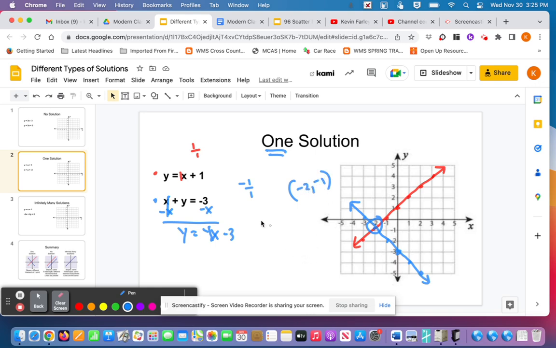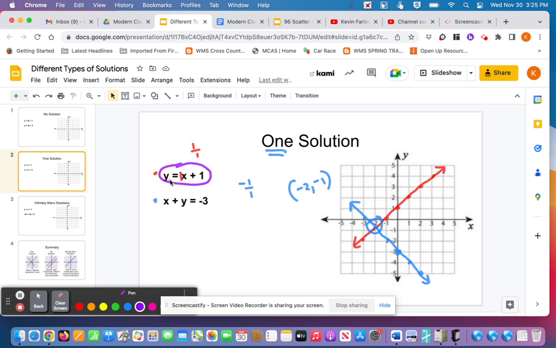Okay. And one other thing we can do if you are interested in seeing, I could do this through substitution also. All right, let me just quickly plug this in and we can see what's going on. We have an equation that has a variable by itself already. Y is equal to 1x plus 1.